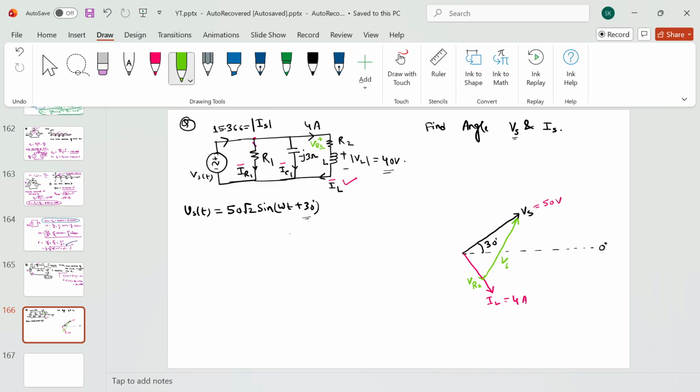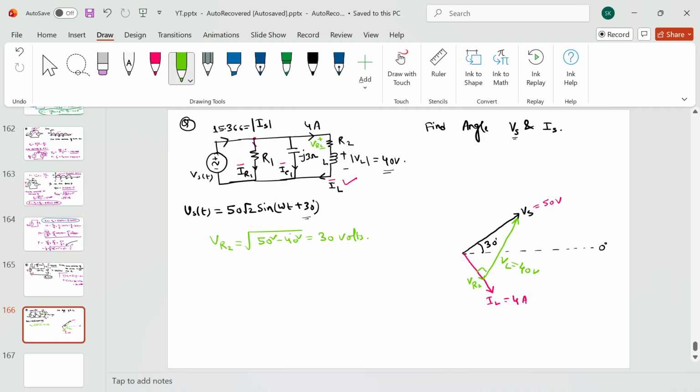So this is my VL, and this angle will be 90 degree. You know the VL magnitude, that is 40 volt. You can comment on the VR2 phasor. So VR2 will be a right angle triangle: 50 square minus 40 square, it will be 30 volt, right?